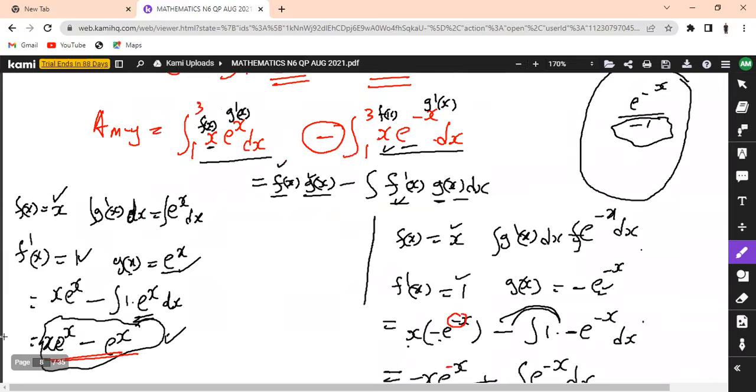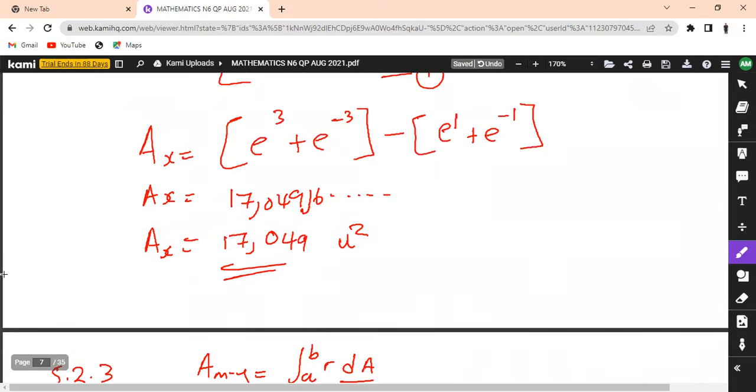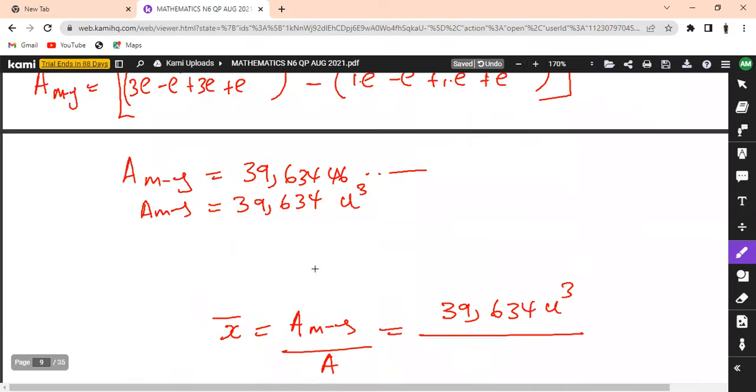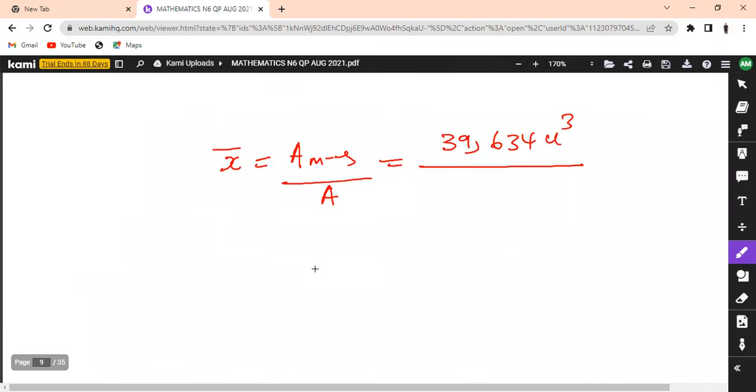The area we got here, which was 17.04. This one was our area. So it's 17.049 square units. Okay, so that's what you're going to have, and our answer is going to be in units. So you're going to obtain something like 2.324711, something like that.